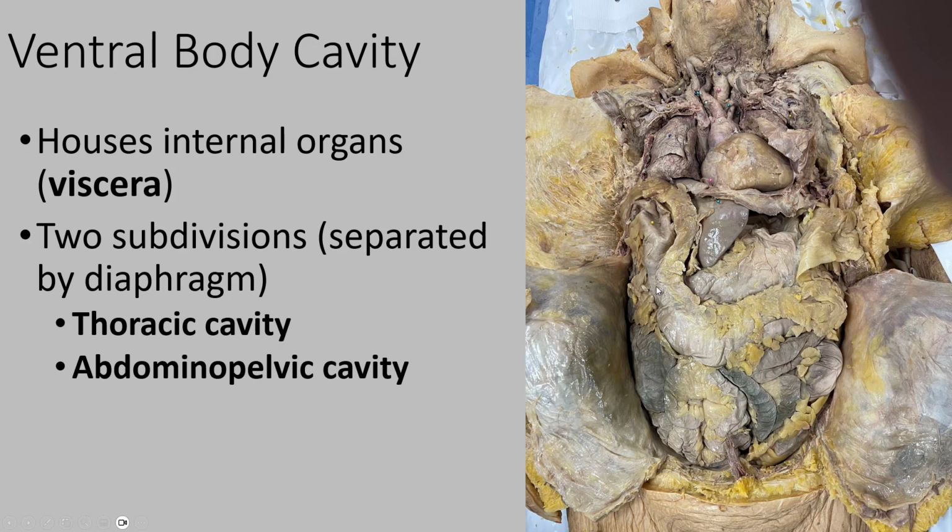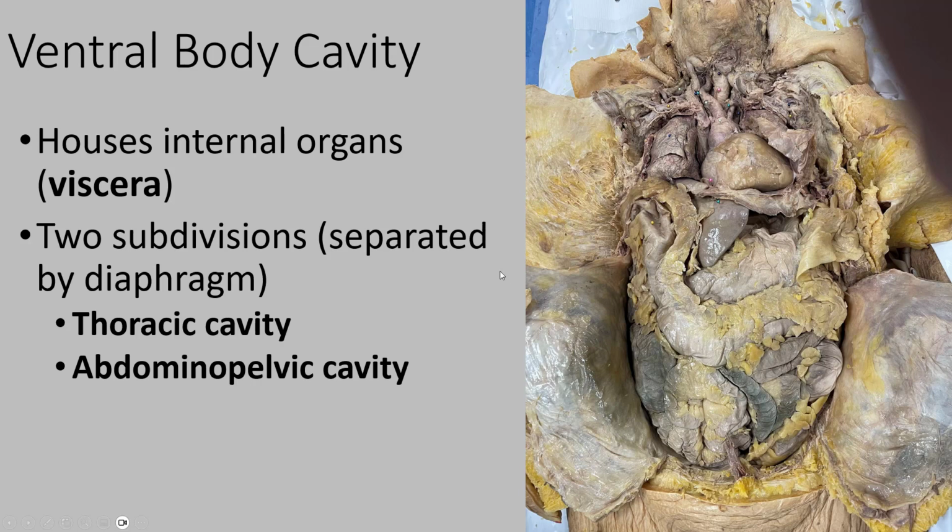These two cavities are separated by a large muscle that we see right here called the diaphragm. The diaphragm is what moves to help us breathe. The thoracic cavity is above or superior to the diaphragm. The abdominopelvic cavity is below or inferior to our diaphragm.